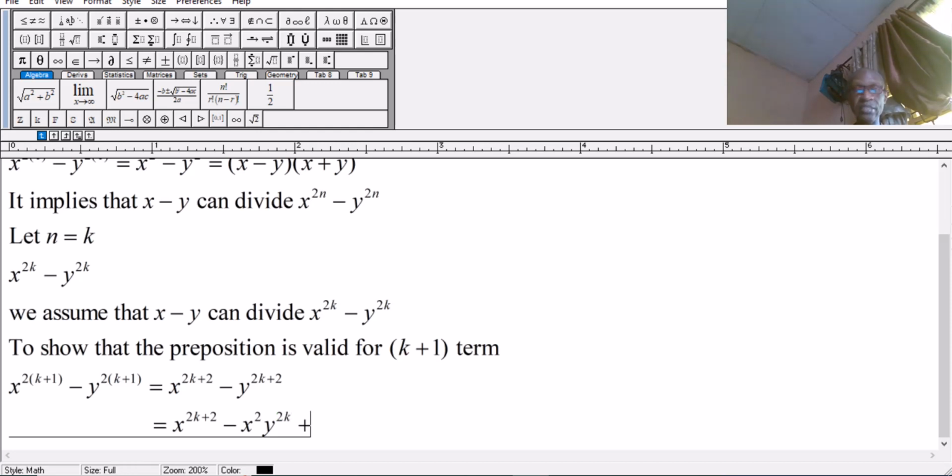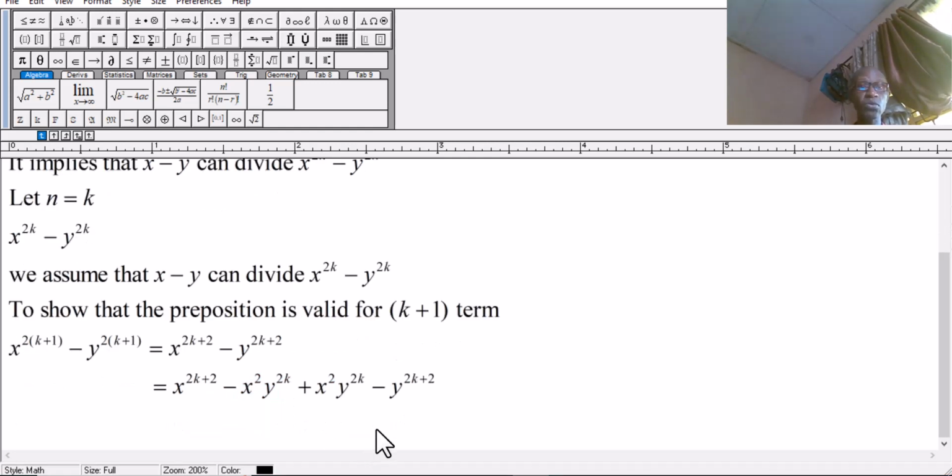I want to add x squared y raised to the power of 2k to the terms, add it and subtract it. So in that case, it will not alter the equation, because if you add this and subtract this, everything goes back to 0. So nothing is altered in that equation.